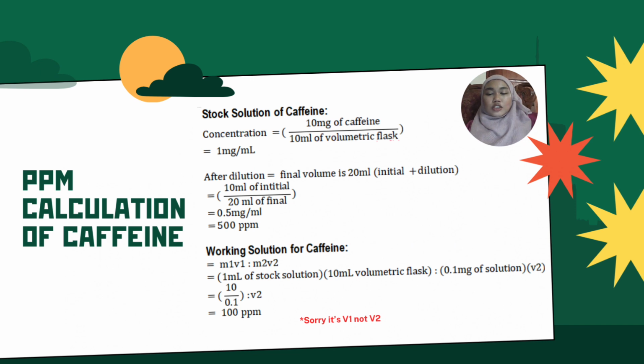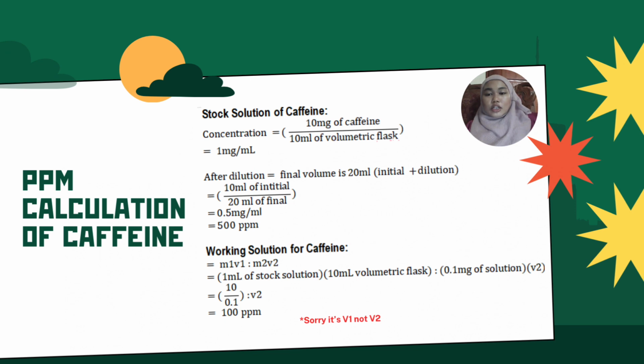After the dilution, the final volume is 20 ml, since the initial 10 ml was added to 10 ml of diluent. So 10 ml of the initial divided by 20 ml of the final volume gives 0.5 milligram per ml. Since 1 milligram per ml is equal to 1000 ppm, 0.5 milligram per ml is equal to 500 ppm.